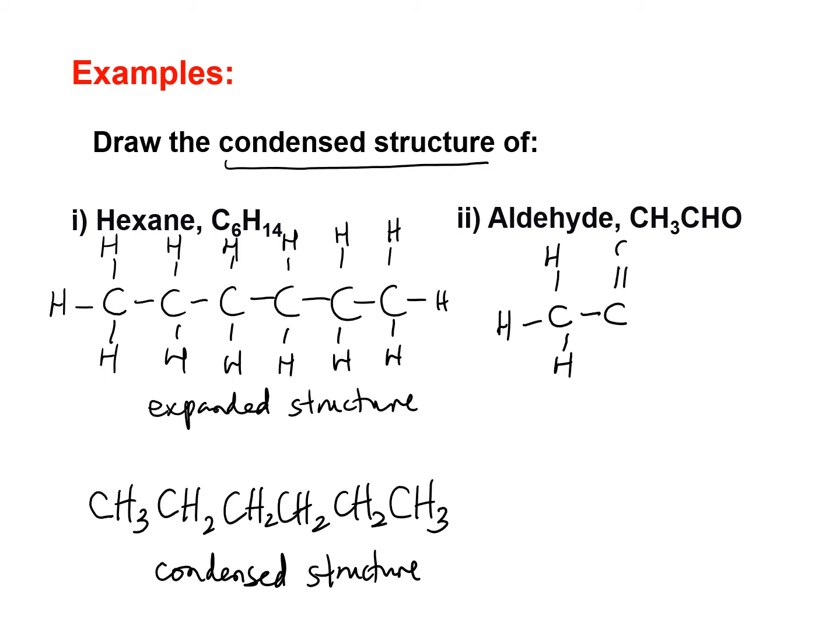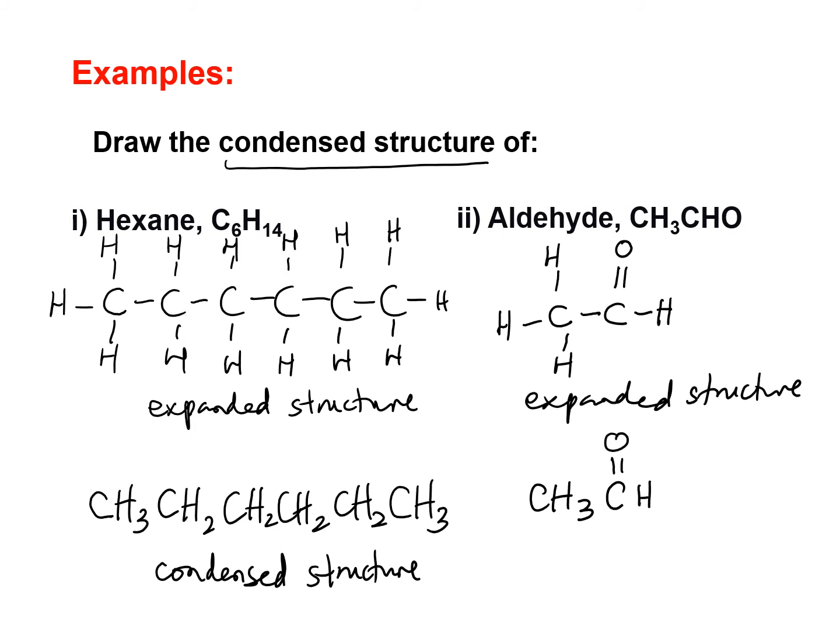Aldehyde will have carbonyl group C double bond O, H. Okay, this is what we call expanded structure. So the condensed structure will have CH3, C double bond O, H. This is the condensed structure.